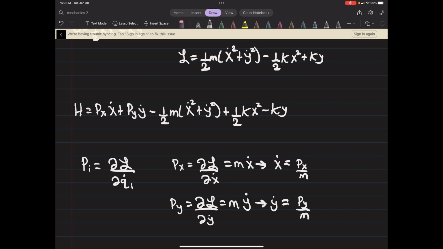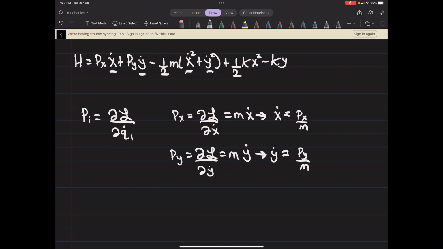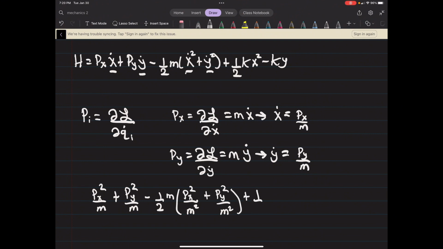And now we're going to plug in everywhere we see x dot and y dot our new expression. So we're going to have px squared over m plus py squared over m minus 1/2 m (px squared over m squared plus py squared over m squared) plus 1/2 kx squared minus ky.